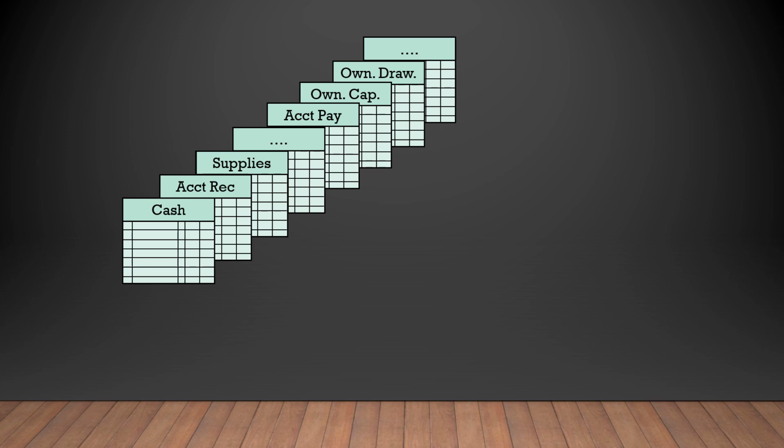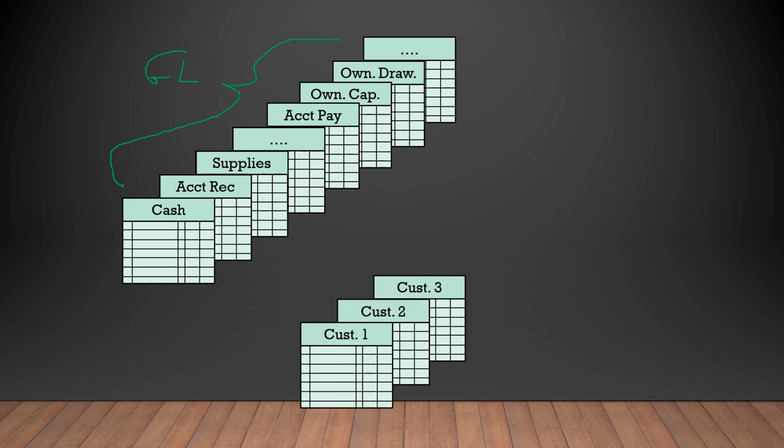Consider the following pictorial representation. These accounts would make up a company's general ledger. We could look at each of these accounts to see its current balance or previous balances within the period. Our credit customers would likely have their own subledger.